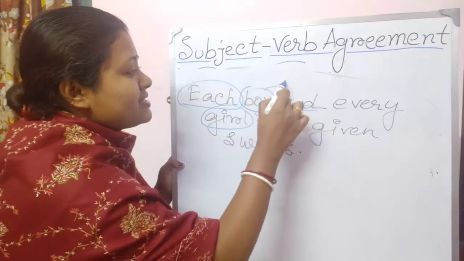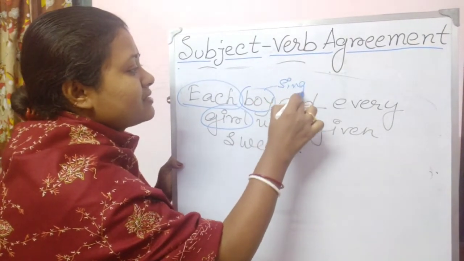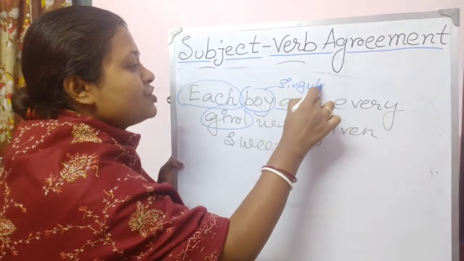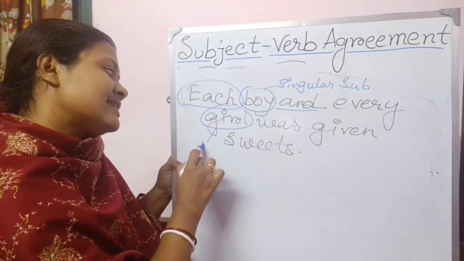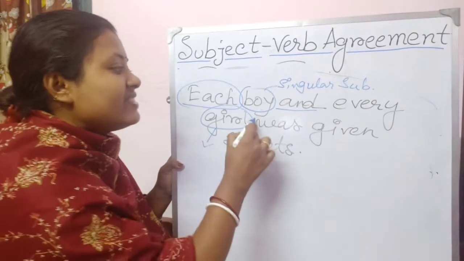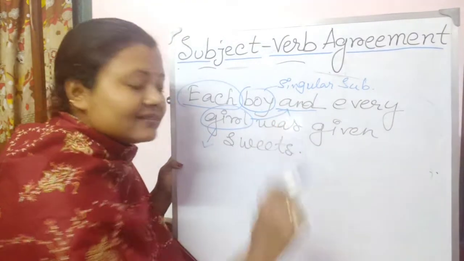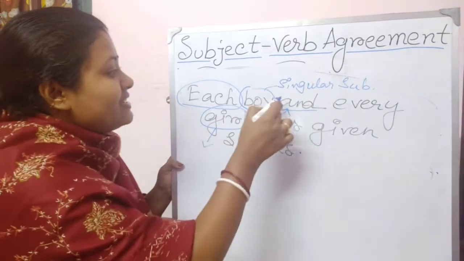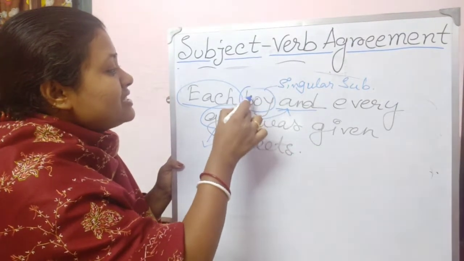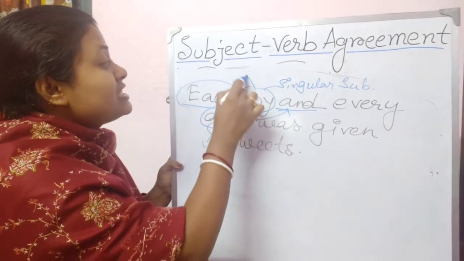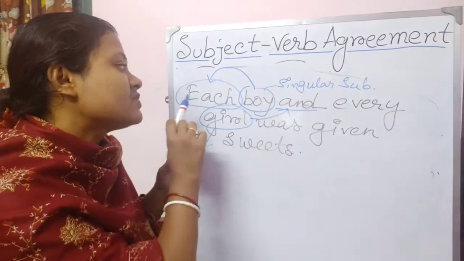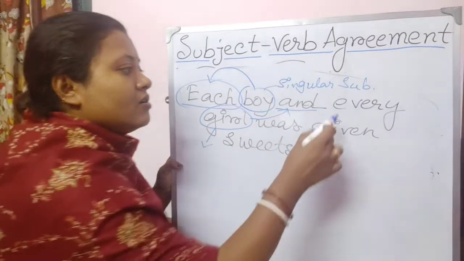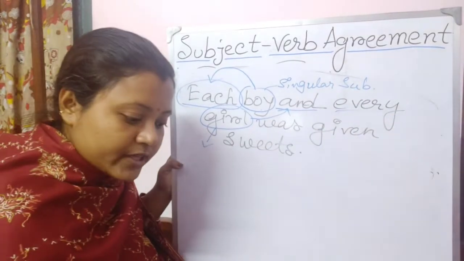So the boy is a singular subject, and girl is also a singular subject, and these are joined by and, and this is preceded by each. That means at first the sentence starts with each, or it can start with every.